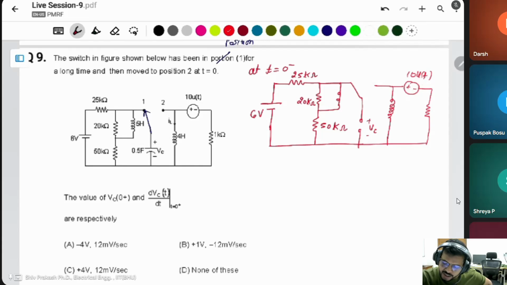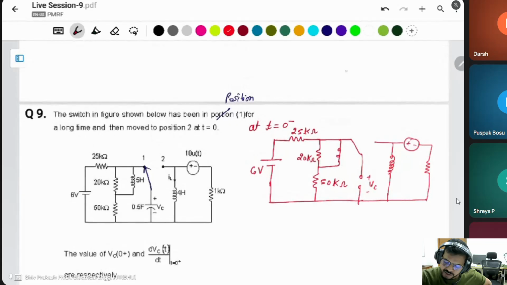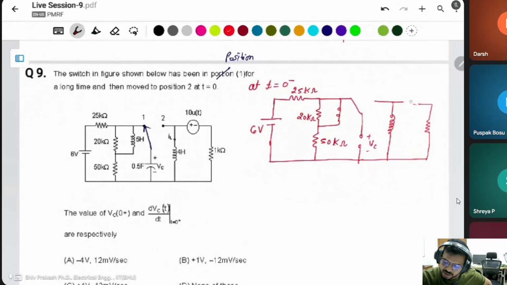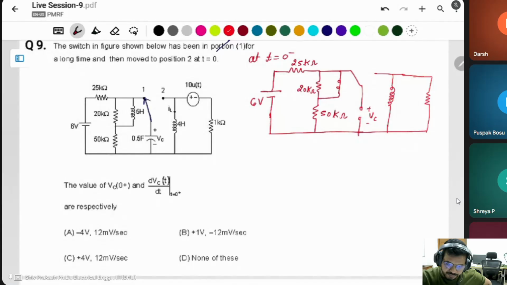Ut is simply the unit step function, which is there from t is equal to 0 only, and before that condition this will be 0. 1 kilo ohm, this is 4 Henry, and this current is IL, given in the question already. Okay, this is the circuit.